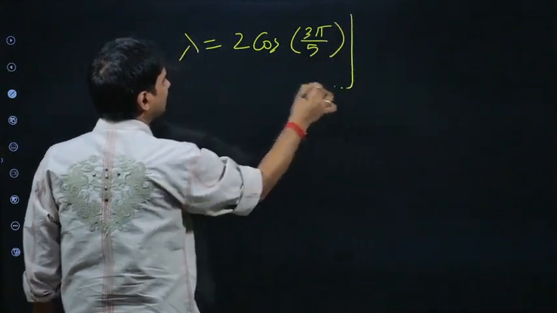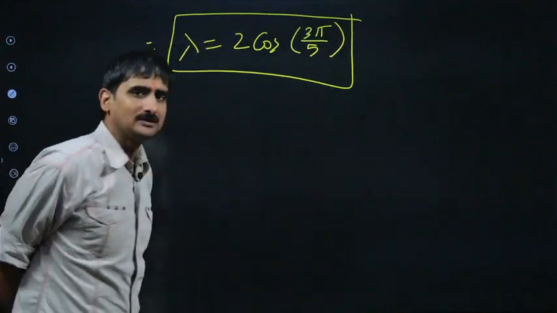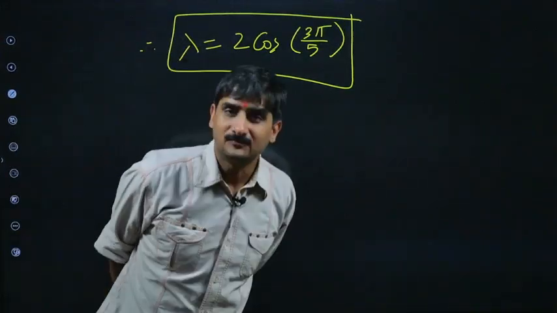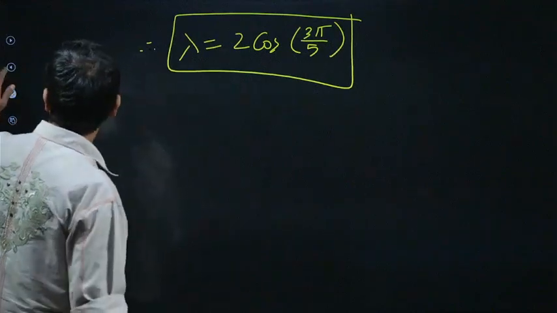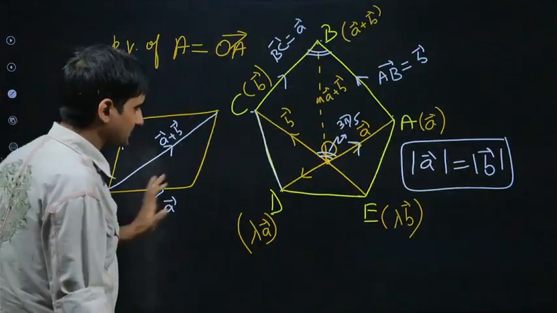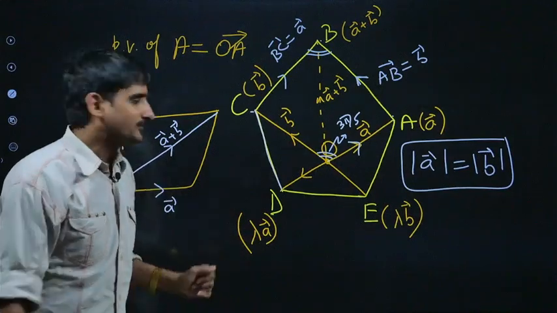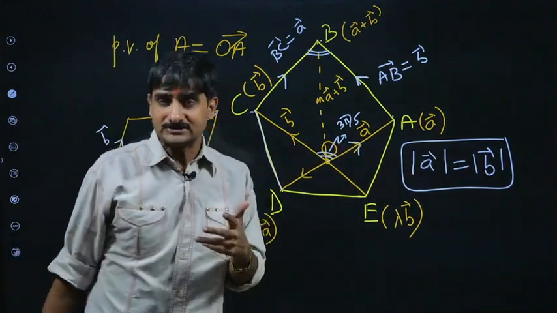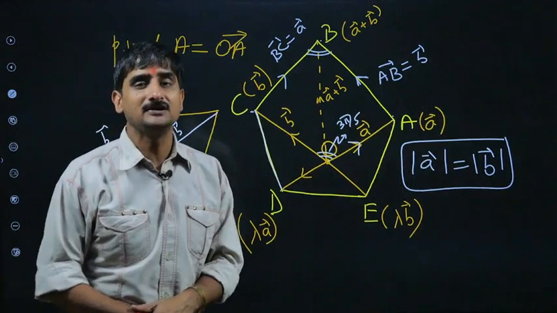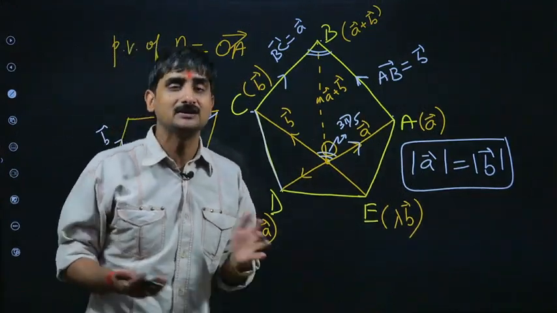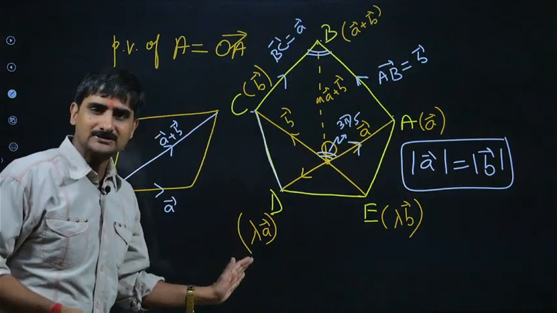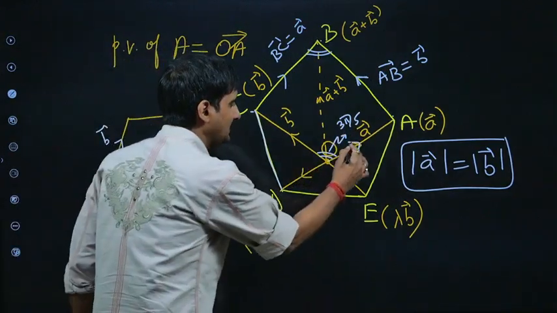Theta is the angle between vector A and vector B, which is 3 pi by 5. Looking at the figure, that makes sense, because they are in opposite directions. Cos 3 pi by 5, which is 108 degrees, is in the second quadrant, where cosine is negative. So lambda has to be negative, and only then are they in opposite directions.